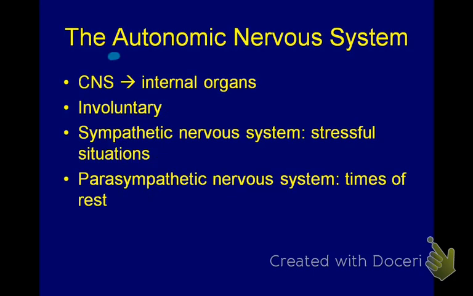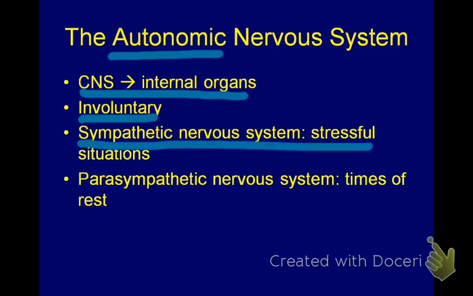The autonomic nervous system, if you look at the word autonomic, kind of looks like automatic. And that's exactly what's happening here. The central nervous system controls the internal organs using the autonomic nervous system. This is involuntary. You have two parts to the autonomic nervous system. The sympathetic nervous system is in times of stress.